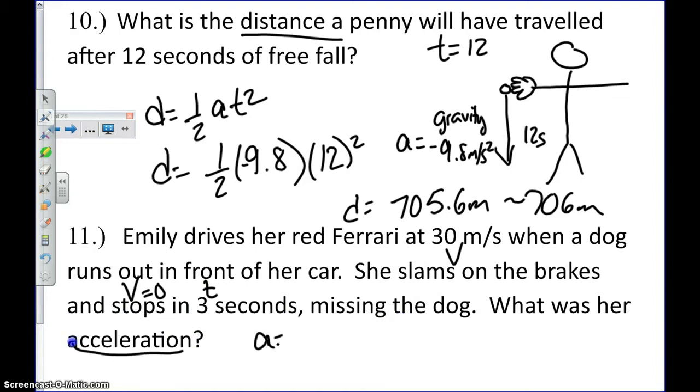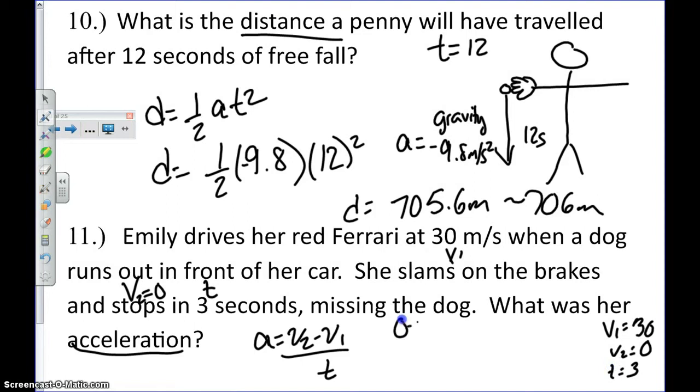Acceleration. So I'm using a equals v2 minus v1 divided by t. This is going to be my initial velocity right here, v1 is 30. This is going to be v2, stop. So I've got v1 equals 30, v2 equals 0, and t equals 3.